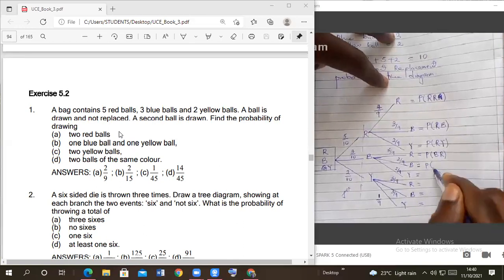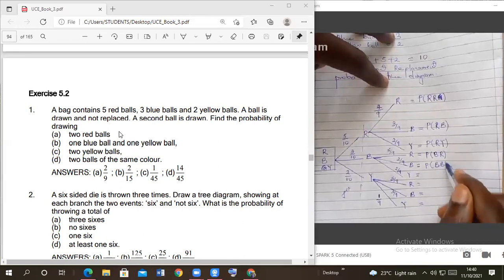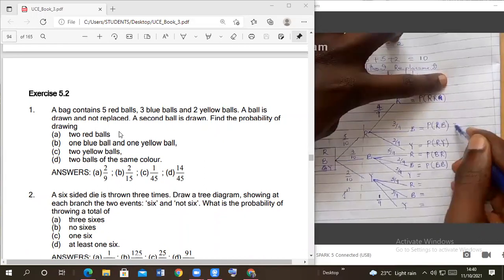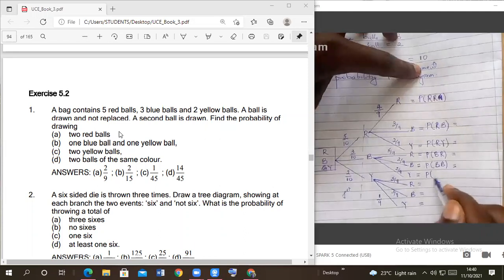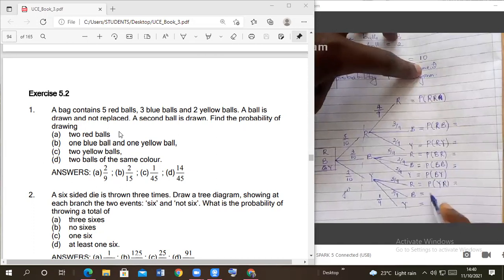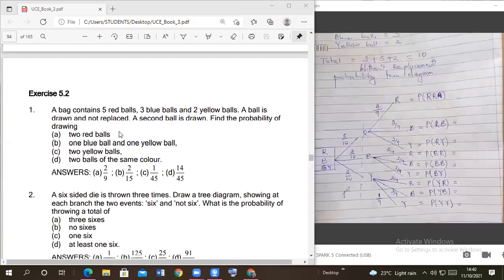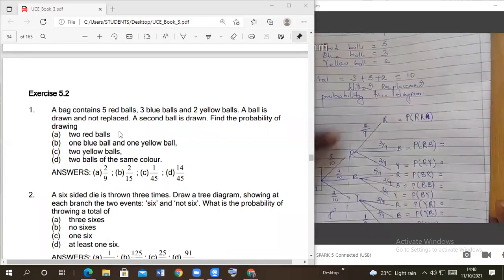Then this one will be blue and blue. Then this one will be blue and yellow, right? Follow the branch. This one will be yellow and red. This one will be yellow and blue. Then this one will be yellow and yellow. Good.